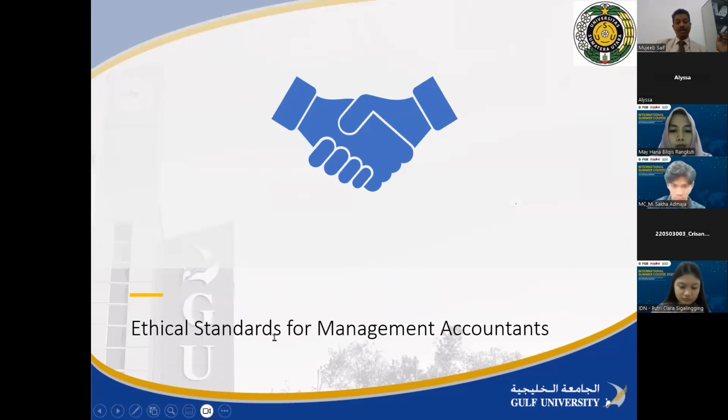So this is about the ethical standards that we should follow. In managerial accounting, these ethical standards actually apply to any type of work. For example, auditing has ethical standards too. So these are normal things that we should follow, whether we are in managerial accounting or not.